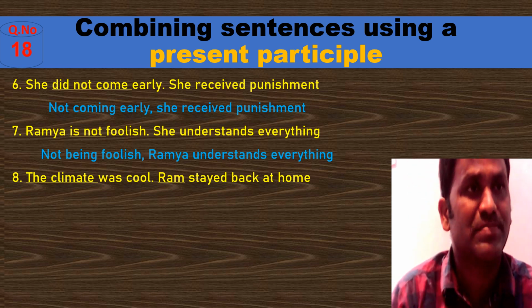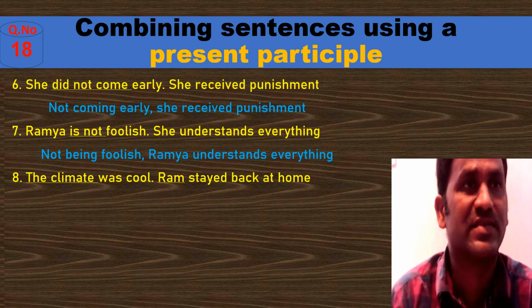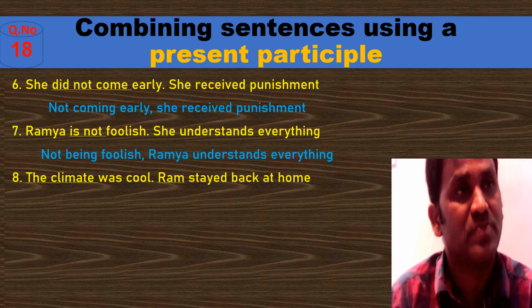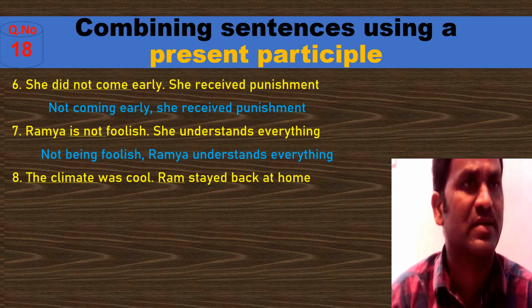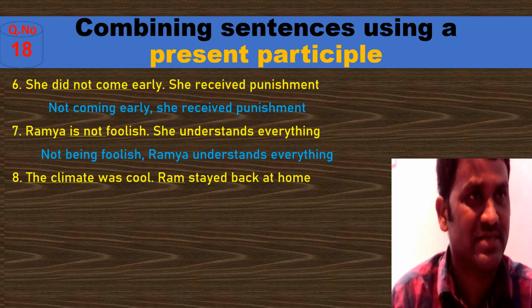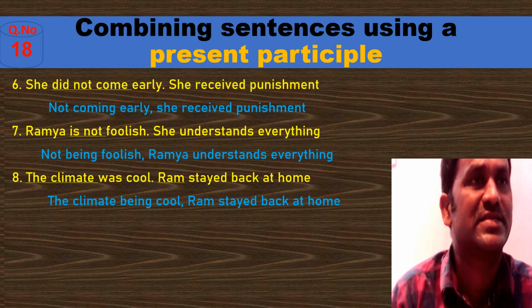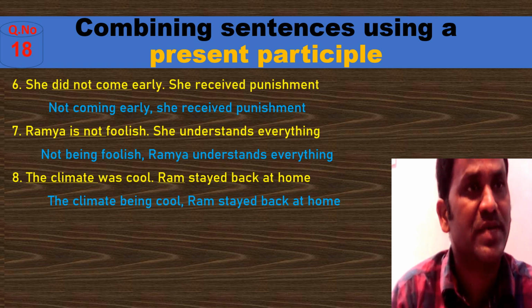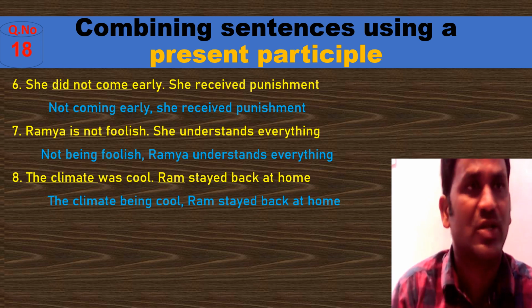When the subjects are different in both the sentences, then we should mention both the subjects. The other rules are very common. So what is the subject here? The climate. So let us see. The climate is written again. Was becomes being, you know that, cool. The climate being cool, Ram stayed back at home. The rule is same.